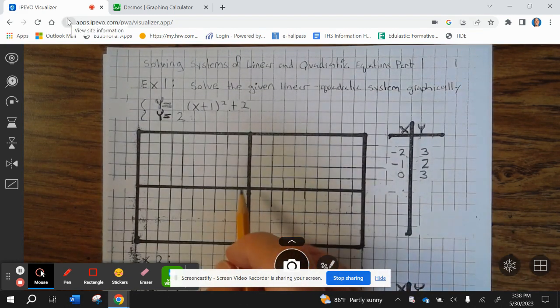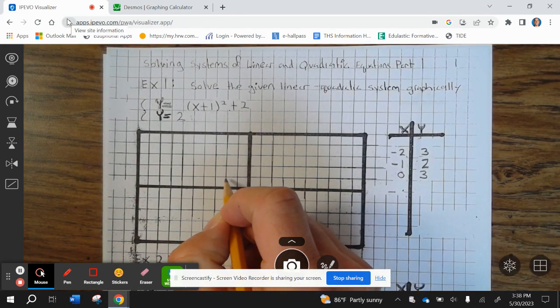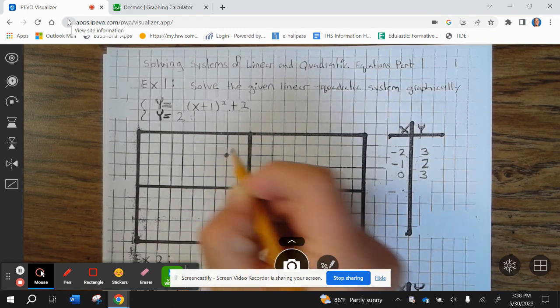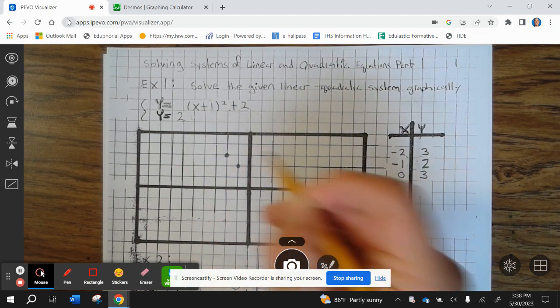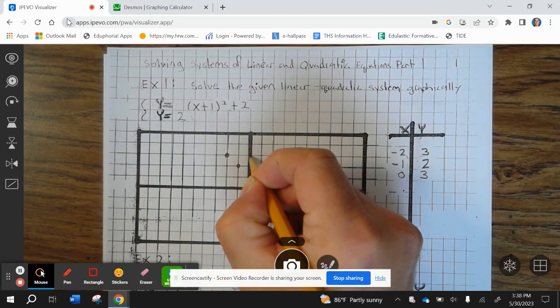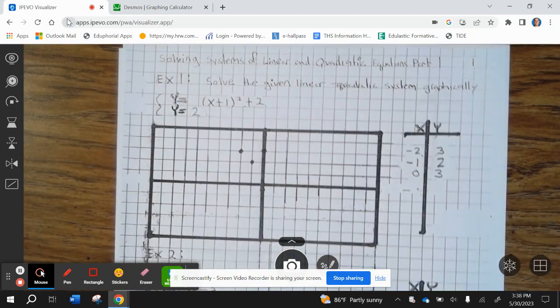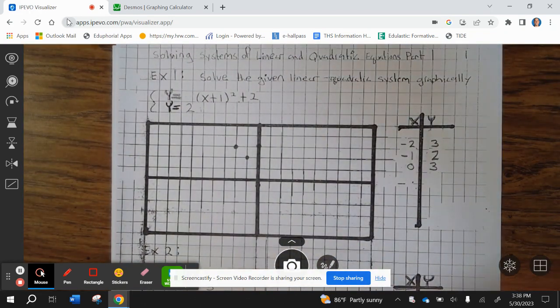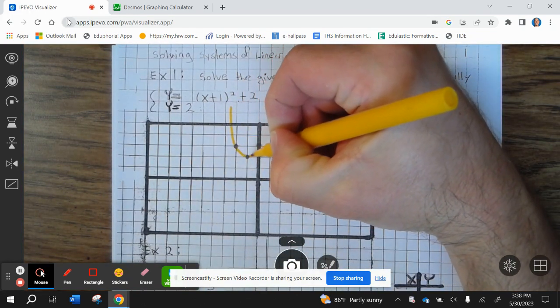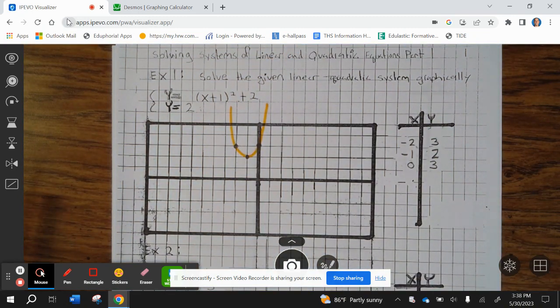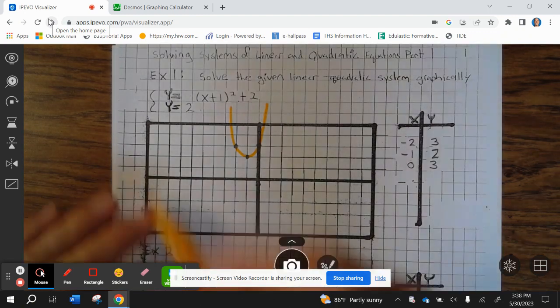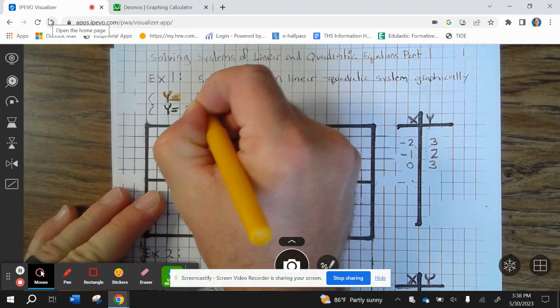So negative 2, 3, negative 1, 2, and 0, 3. Okay, so we have a parabola. And that's our first equation in yellow.